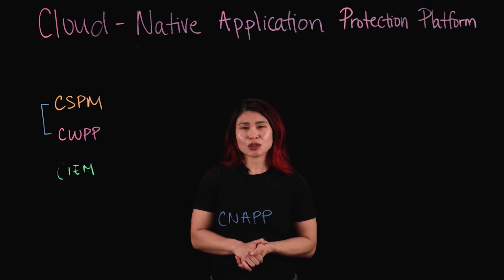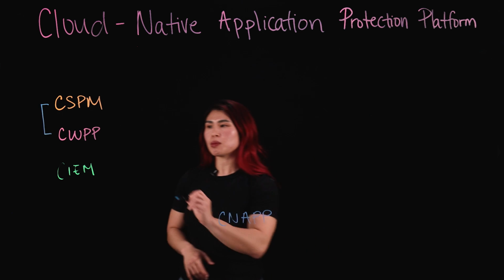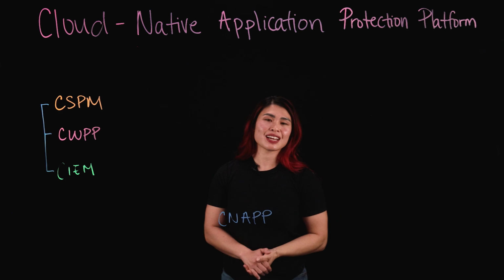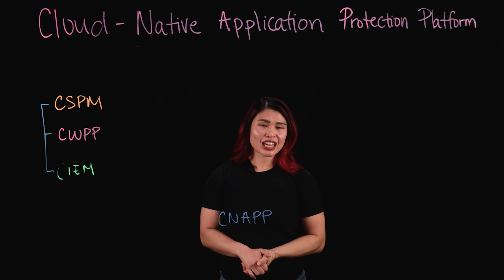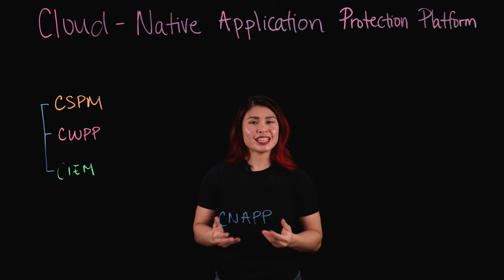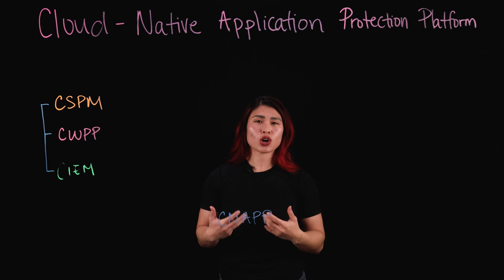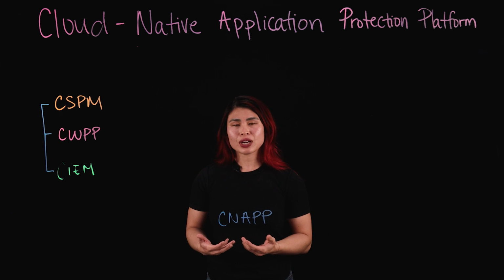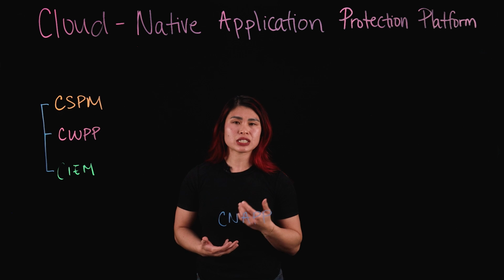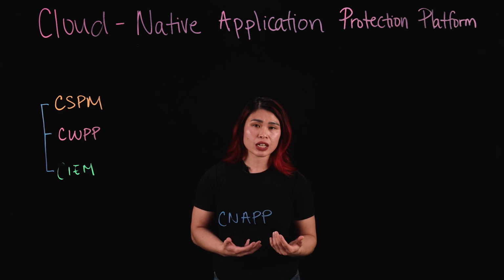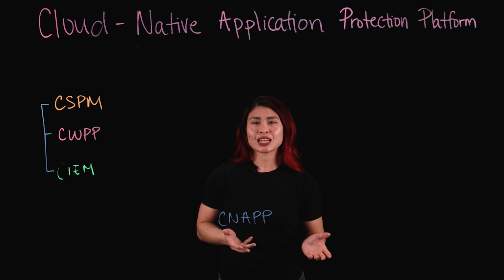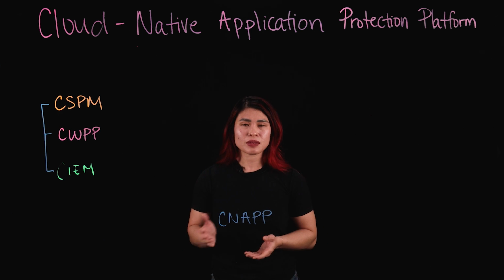The next key component for a CNAPP platform is SIEM, also known as Cloud Identity Entitlement Management. This security solution is generally targeted at the process of how to not only manage your identities, but be able to manage the identities of a single and multi-cloud. This can consist of access rights, privileges, and permissions.